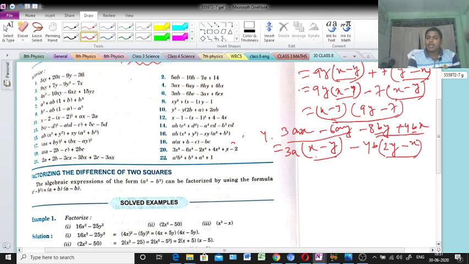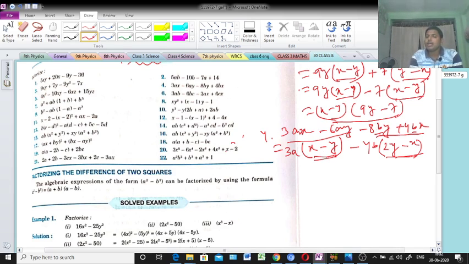Clear? In the bracket here x minus y is coming, here 2y minus x is coming, so that's why we won't take that one. Clear or not? So that's why we'll take either first term and third term, otherwise first term and fourth term, because first and second are already checked.